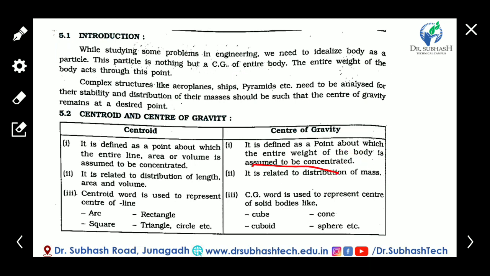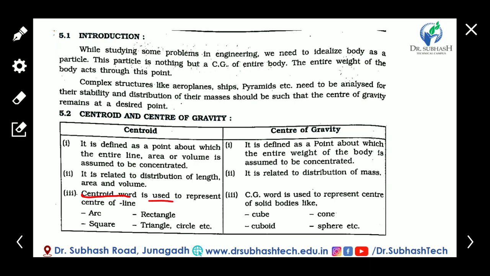The centroid is related to the distribution of length, area and volume, and the center of gravity is related to the distribution of mass.